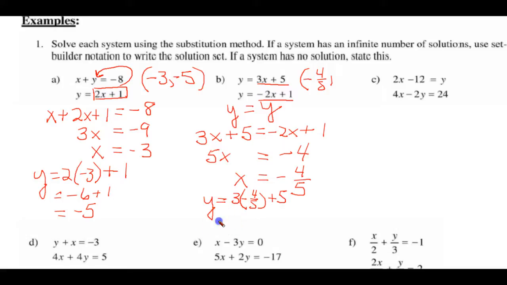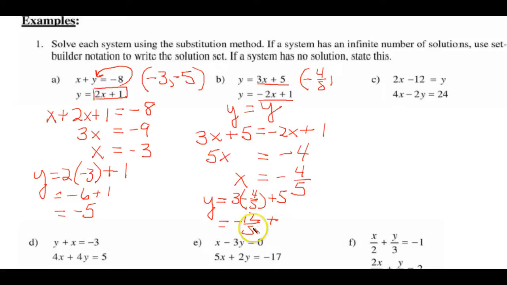So this then becomes -12/5. Negative times a positive gives you a negative. 3 times 4 is -12 over 5. Now in order to add these, I have to convert that 5 to something with a denominator of 5.